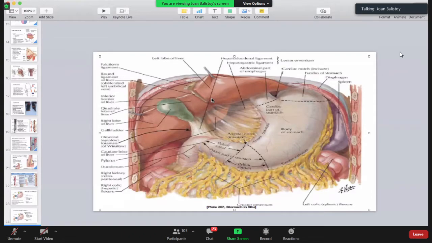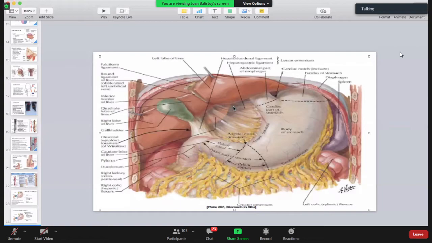It also connects the stomach to a triad of structures that run between the duodenum and the liver in the free edge of the lesser omentum. Now, it's important for you to know what are the ligaments that comprise this lesser and greater omentum.